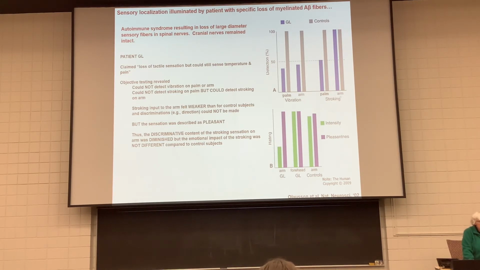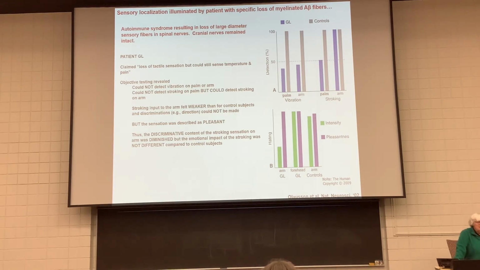And then they did stroking. Vibration is kind of fast, by implication very rapidly changing. But then they just stroked the area. They stroked her palm, improved a little bit, but still pretty much chance. But when they stroked her arm, she could detect that stroking.